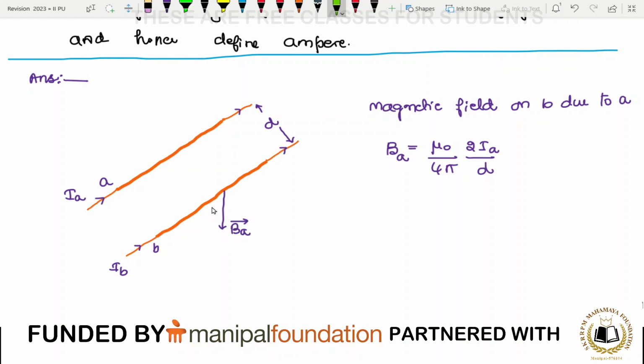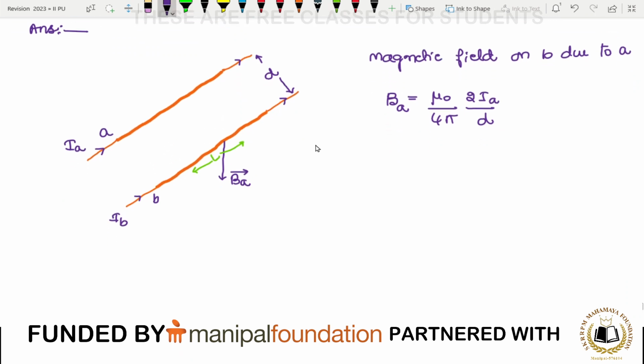Now this wire is actually infinite, but I take one small length of this wire, that length I'll take as L. In this magnetic field the second wire is kept. The second wire also carries current, and we know the concept: a current carrying wire kept in the presence of a magnetic field experiences force.